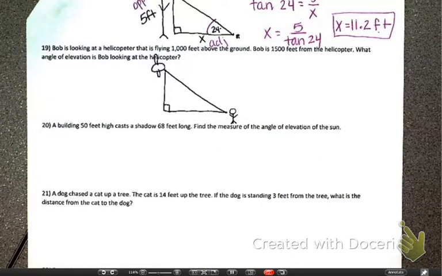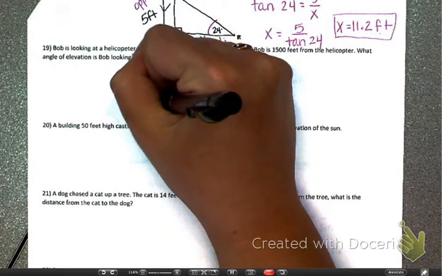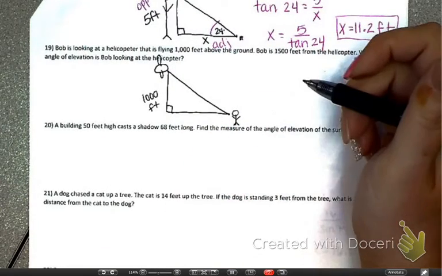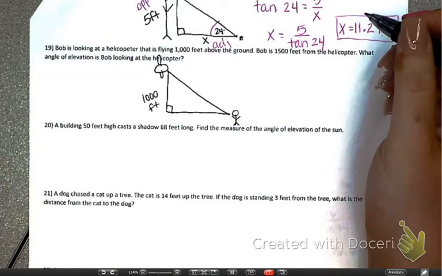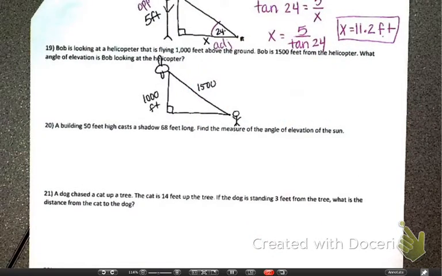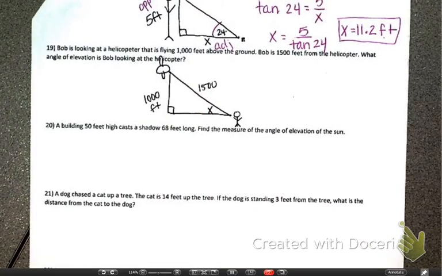Okay, so Bob is looking at a helicopter that is flying 1,000 feet above the ground. Bob is 1,500 feet from the helicopter. What is the angle of elevation Bob is looking at the helicopter?